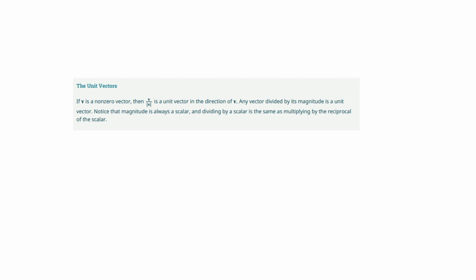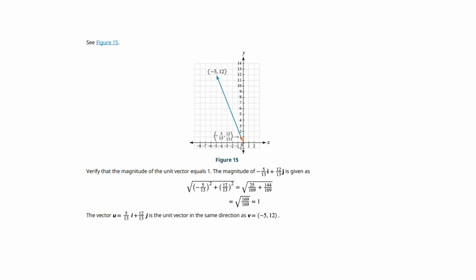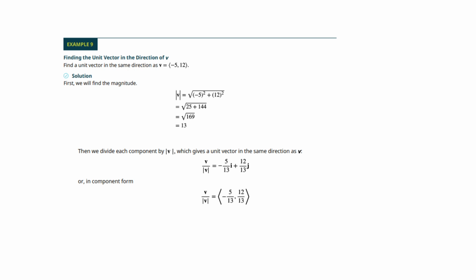As far as what the applications of a unit vector are, I'm not sure how it comes to mind, but it's something that we can calculate here. So what we're trying to do is find a unit vector. It's going to have the same direction, but only a magnitude of 1 instead of the entire length of the original vector. If you think of it this way, I think it will make sense.